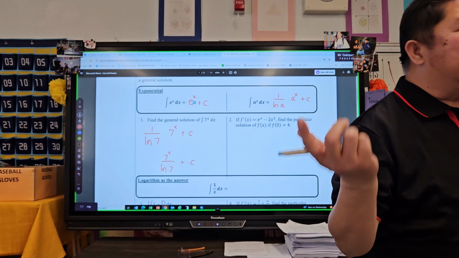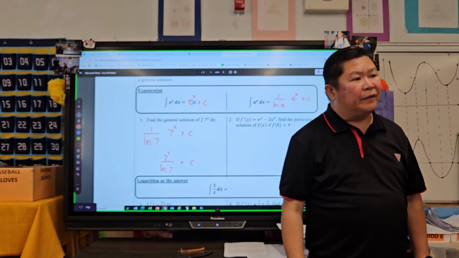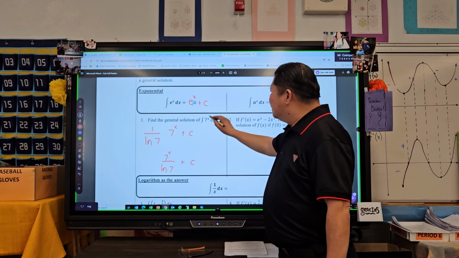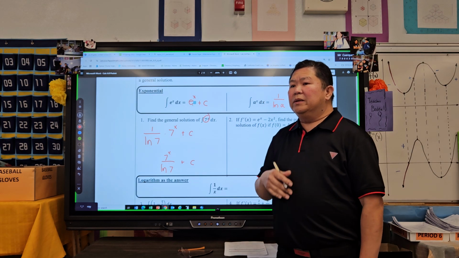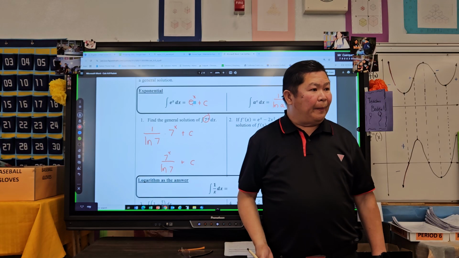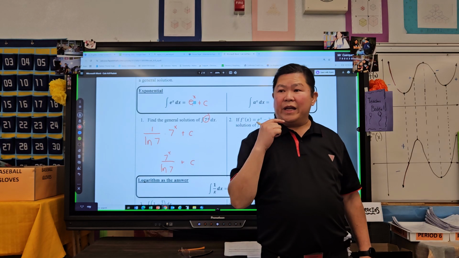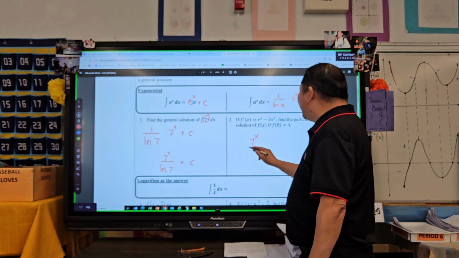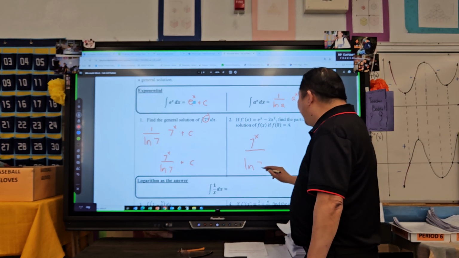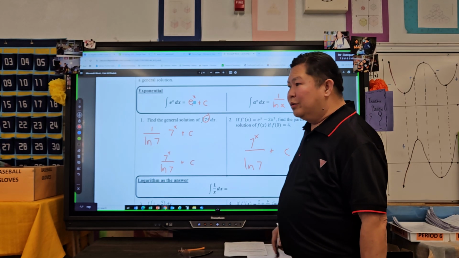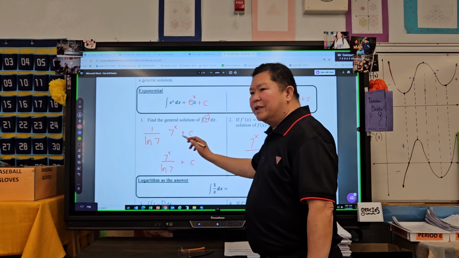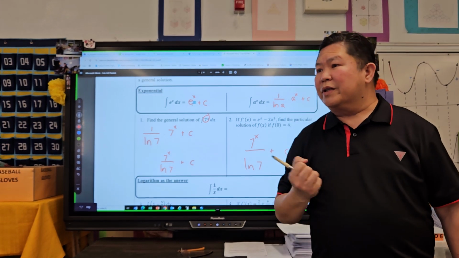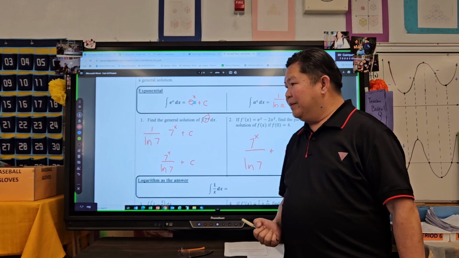Now, what's the fastest way of doing it? Can you do mental math without passing this right here? Now look, 7 to the power of x. To save time, especially in the actual AP, we're gonna save time. So just copy this down, 7 to the power of x over ln 7 plus c. That's it. Rather than doing 1 over 7, it's just the same. Do you get me, guys? Remember, we are going to save time. I like saving time.